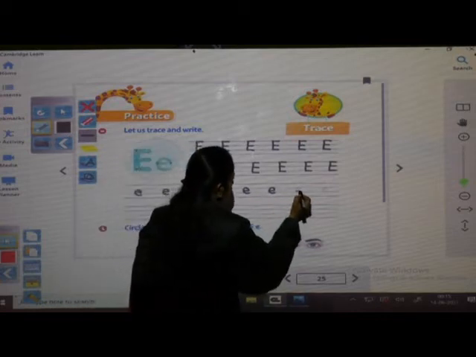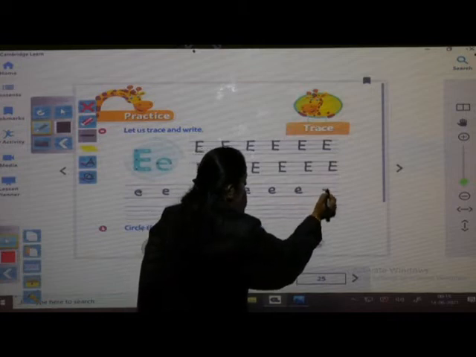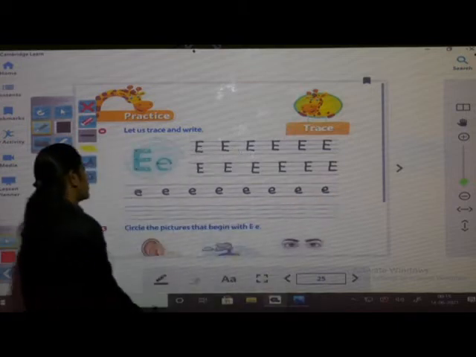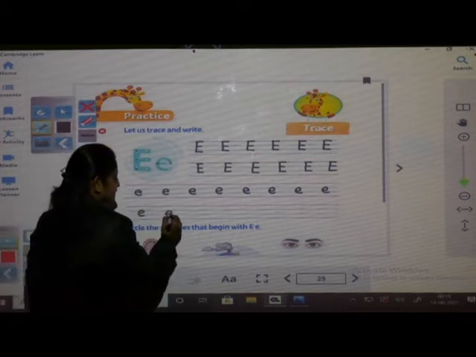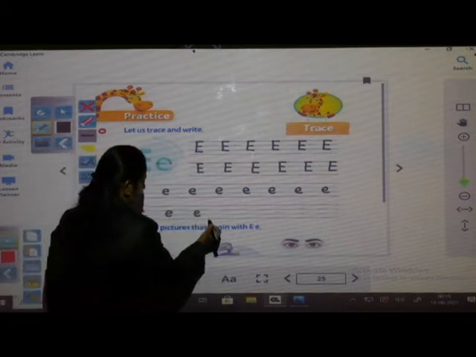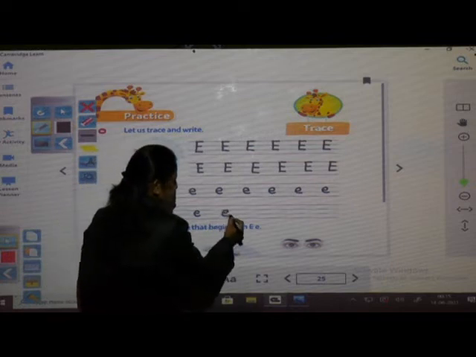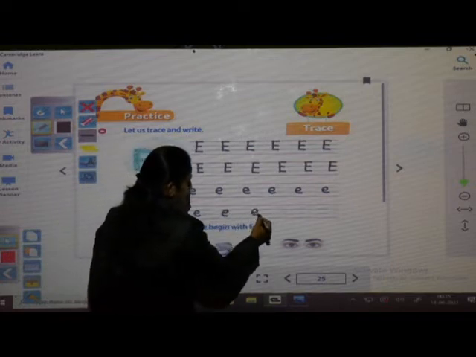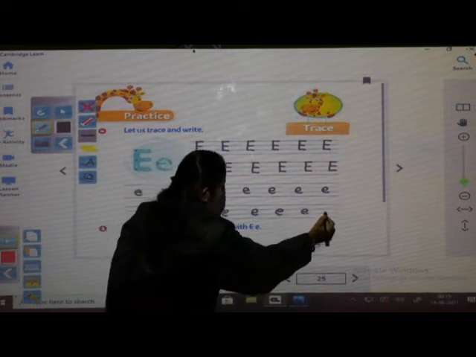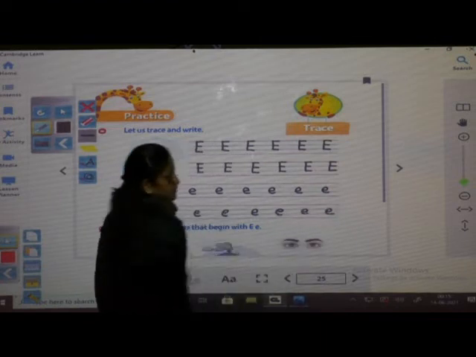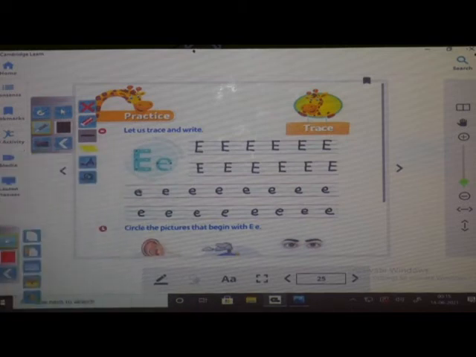You have to write in between two blue lines only. Small letter E.